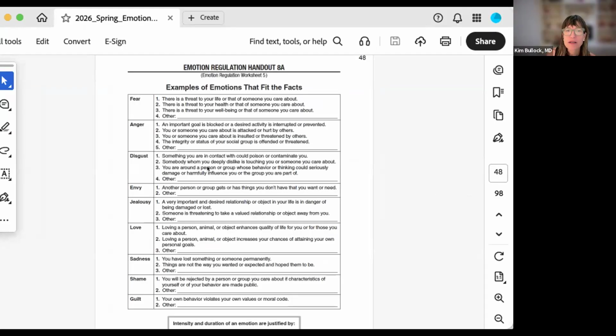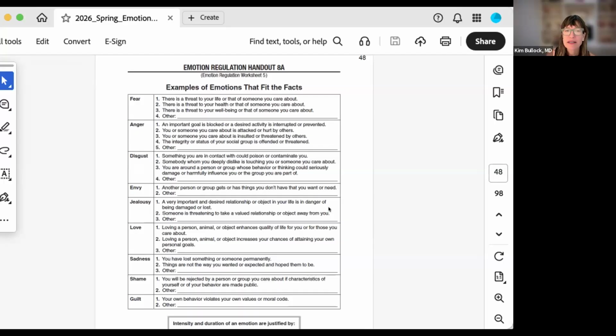Fear is when there's a threat to your life or someone you care about, a threat to your well-being or someone you care about. Anger would be important goals being blocked.